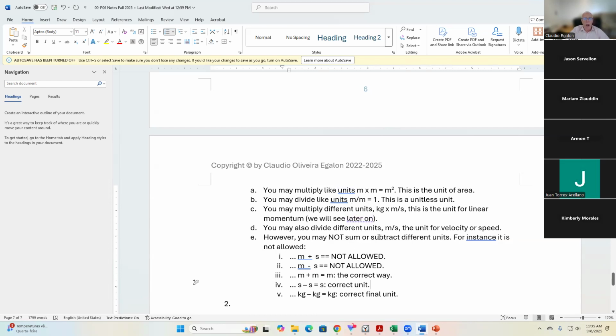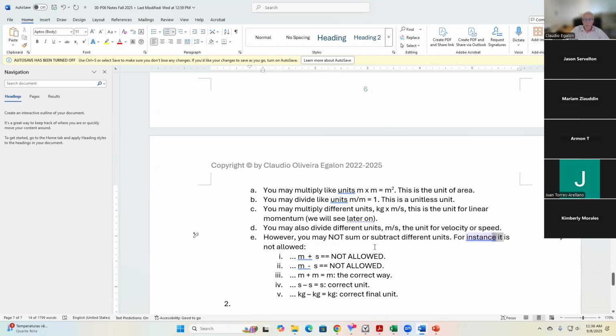It's just like regular algebra. This is a unitless quantity. You may also divide different units, meters per second, the unit of velocity or speed. However, when it comes to summation or subtraction of different units, you cannot do that. It's not allowed.